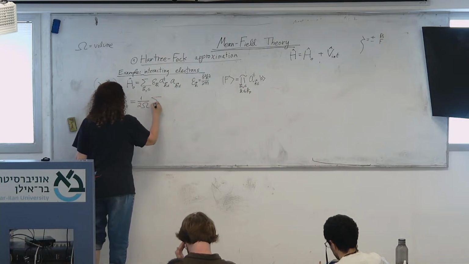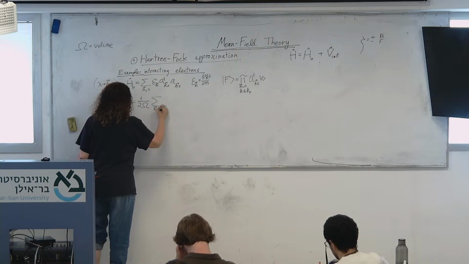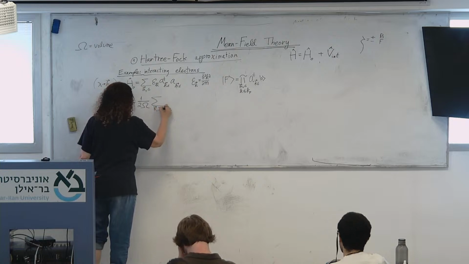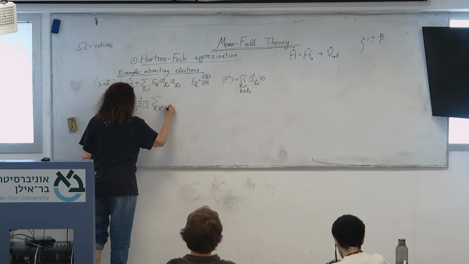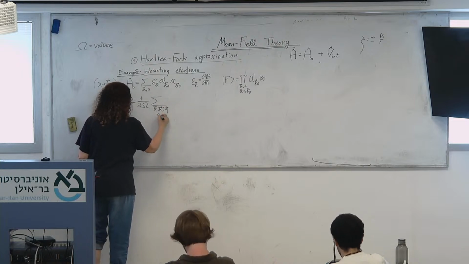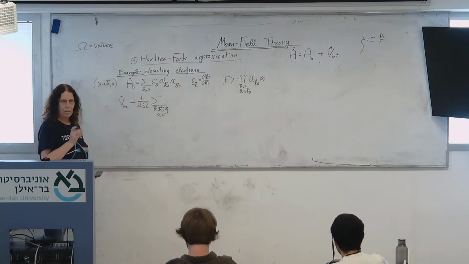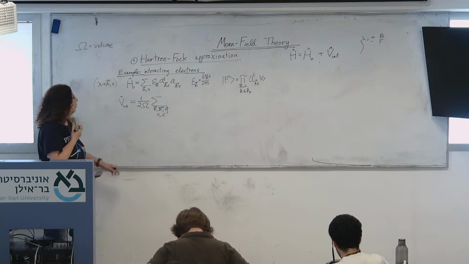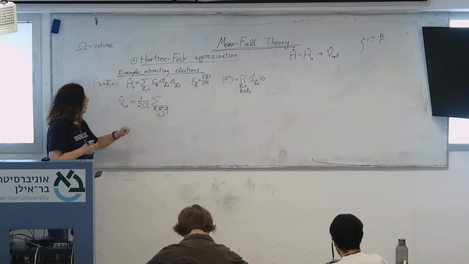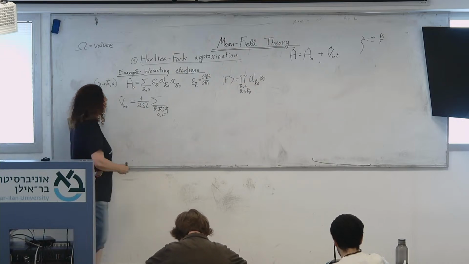Now I have a summation over 3 indices, k, k prime, and q, and 2 indices from the spin, because it's a density interaction, therefore the spin is summed over in all of them.